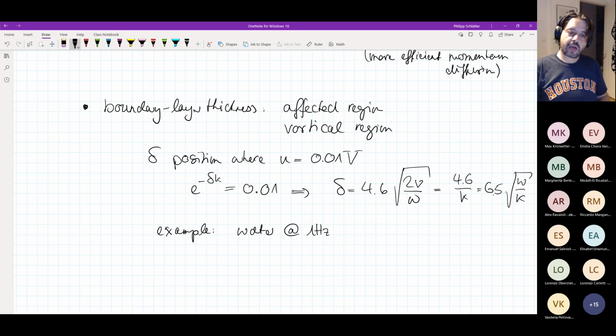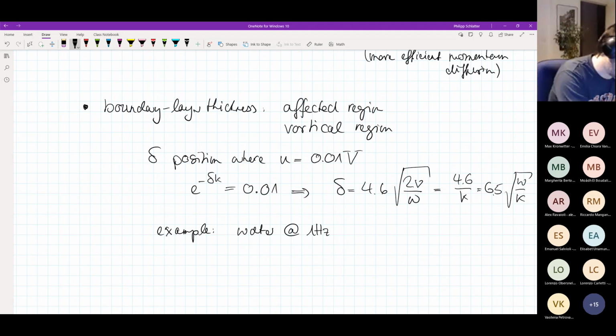How thick is this boundary layer? So how far away from the wall do I feel the movement of this wall? The definition was that the velocity has decayed to 1%.